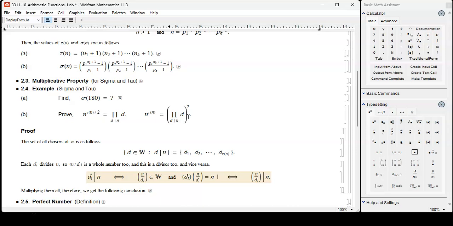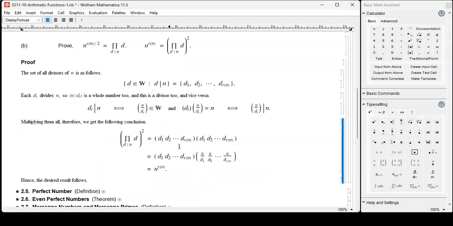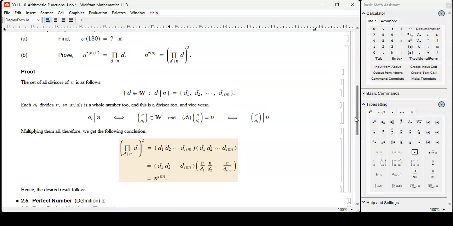So if you start from the right hand side, d1 through d tau, the number of total divisors, and then the same thing, but the second one, which rewrite those into n over d's. Because these are divisors, and then multiply accordingly, each time I'm going to get n, and how many total do I have?